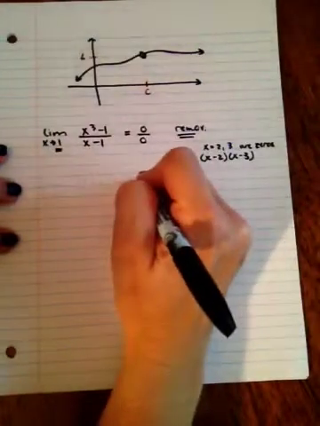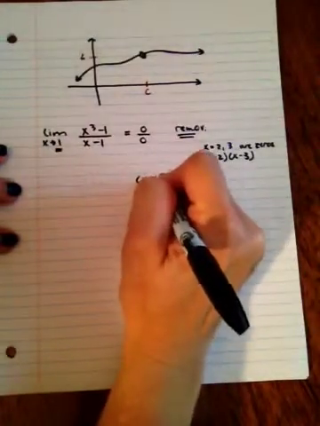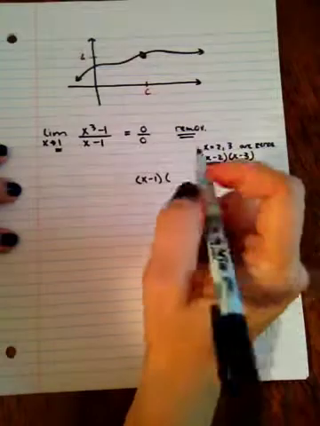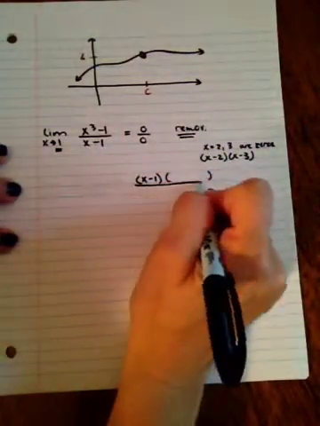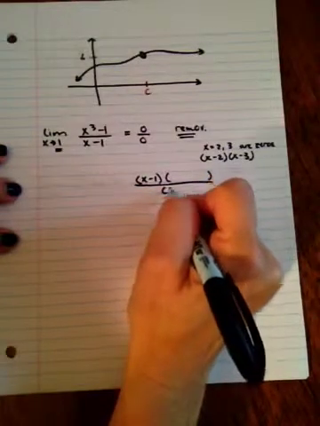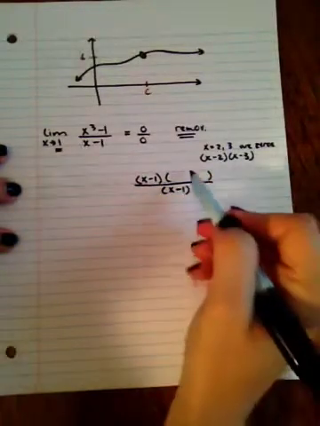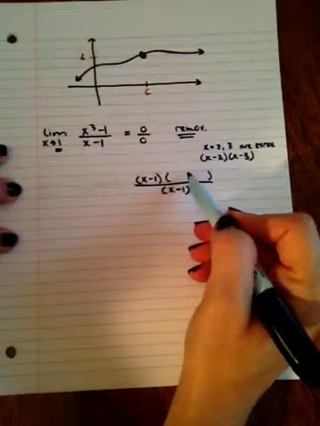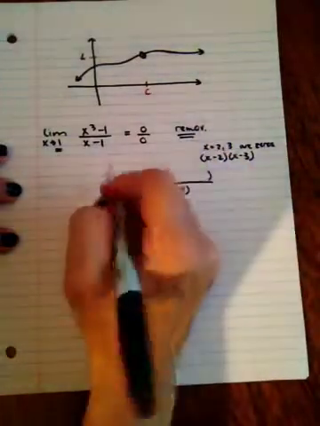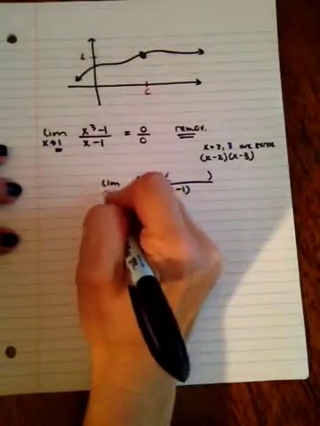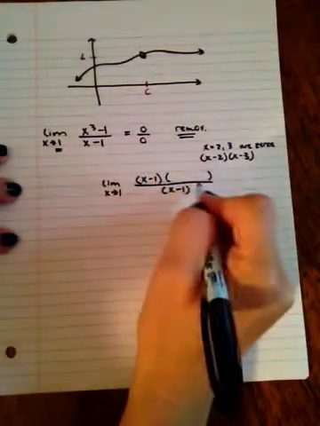So I know that x cubed minus 1 is x minus 1 times some other factor. And I already know that x minus 1 is a factor because it's the only thing on the bottom. If I can figure out my second factor, then I will be able to cancel these out, and I'll look at this function. So we're going to do the limit as x approaches 1 of this.